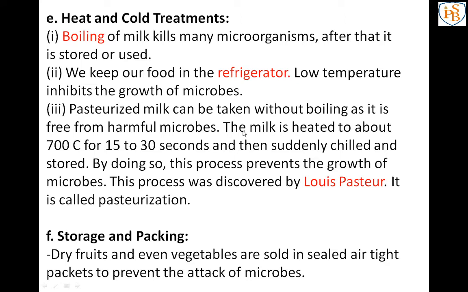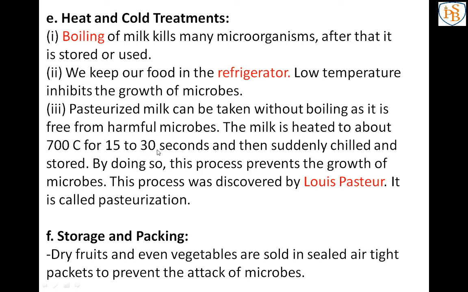So what is pasteurization? The milk is heated to about 700 degrees Celsius. Just imagine how high that temperature is. 700 degrees Celsius for 15 to 30 seconds, meaning half a minute.